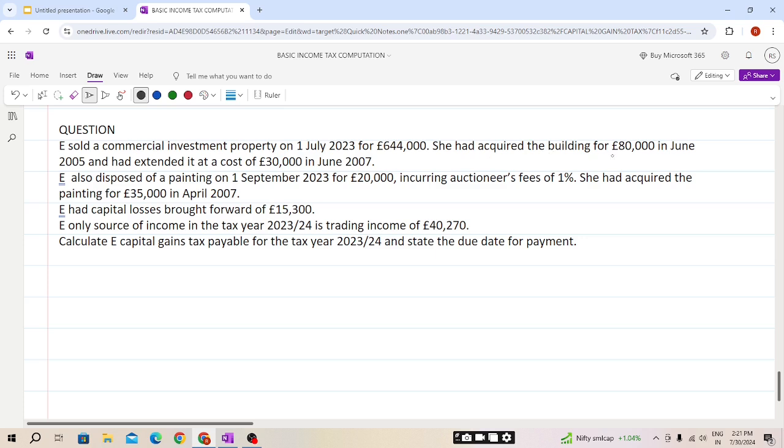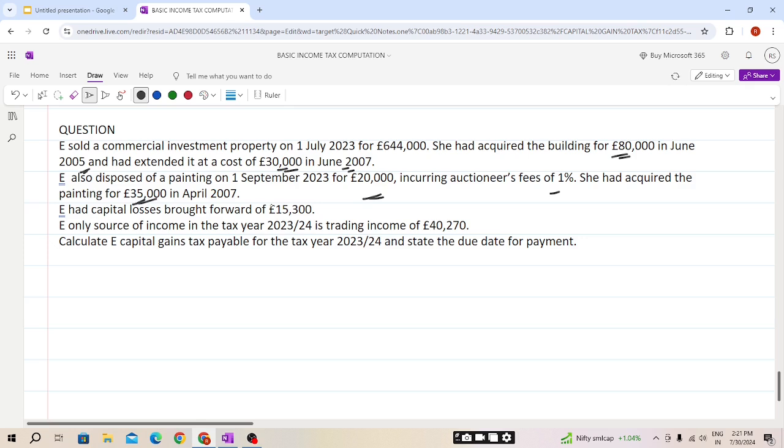She had acquired the building for 80,000 pounds in June 2005 and had extended it at a cost of 30,000 in June 2007. E also disposed of a painting on 1st September 2023 for 20,000, incurring auction fees of 1%. She had acquired the painting for 35,000.